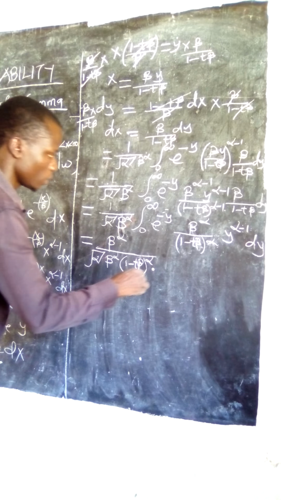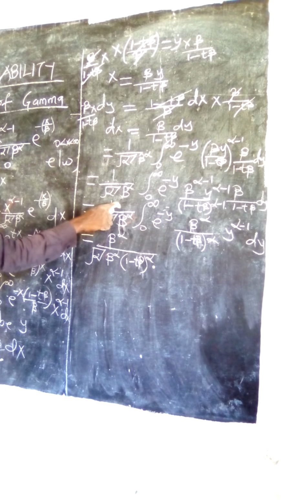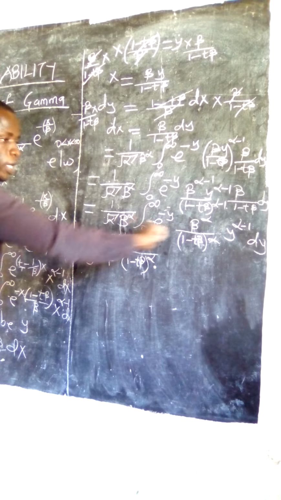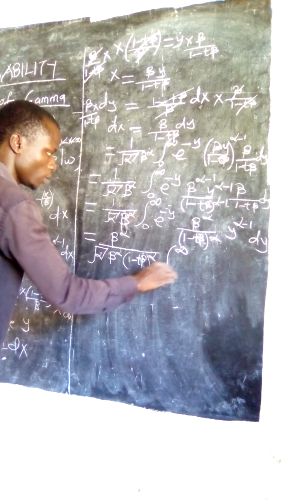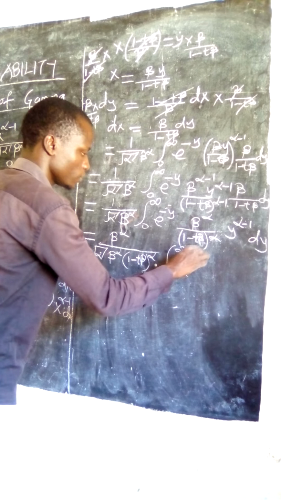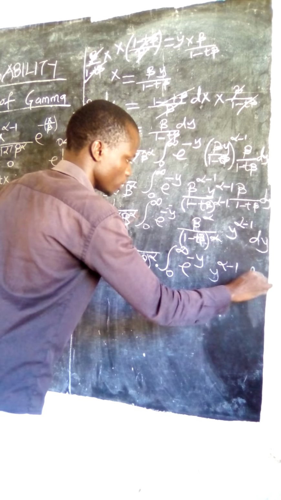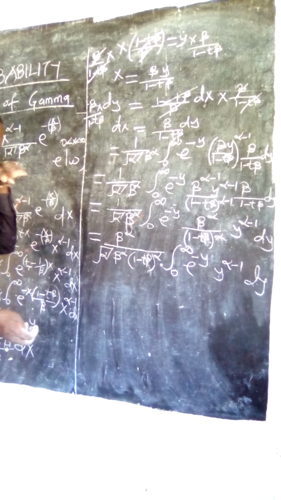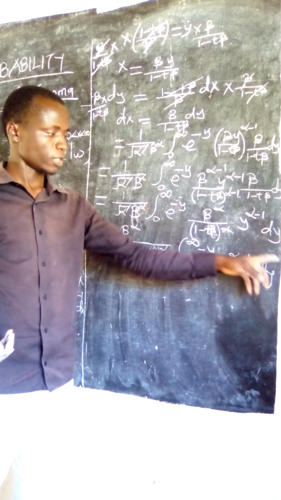Now, having done that, you are supposed to come here and write the remainder. Remember, the whole of these contents I've brought here. Therefore, when I write the remainder, it shall be an integral from 0 to infinity of exponential of negative y, y raised to alpha minus 1 dy. And remember, back to the function of gamma of alpha, gamma of alpha is the same as this function here.